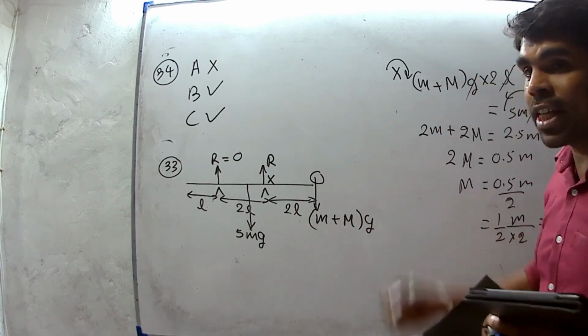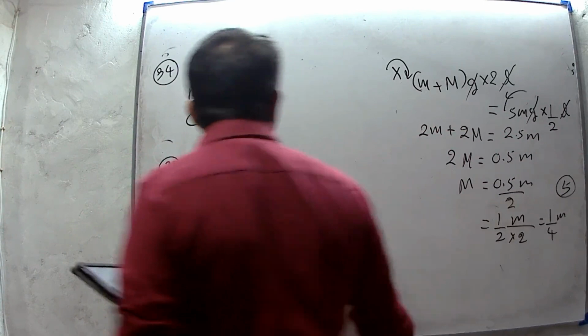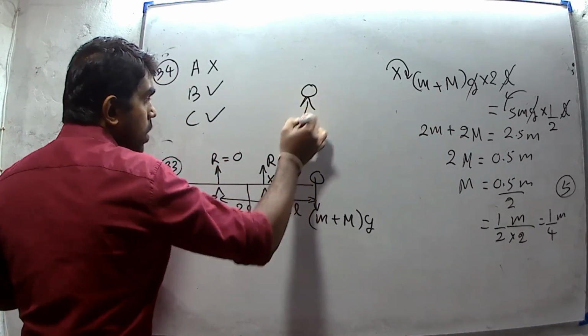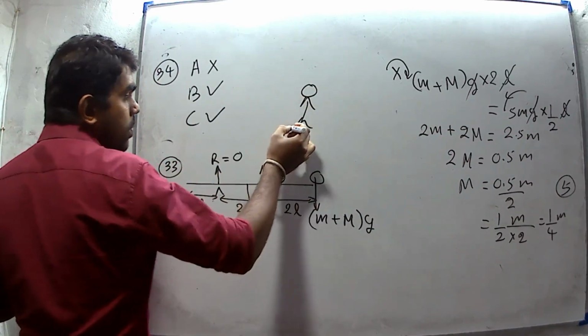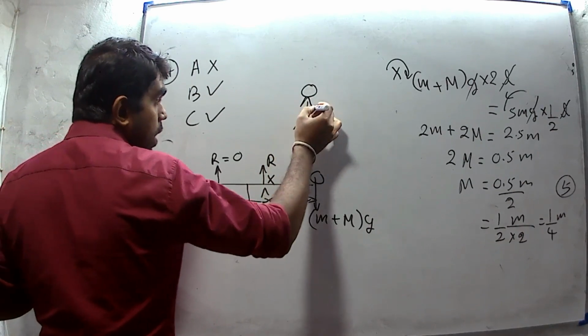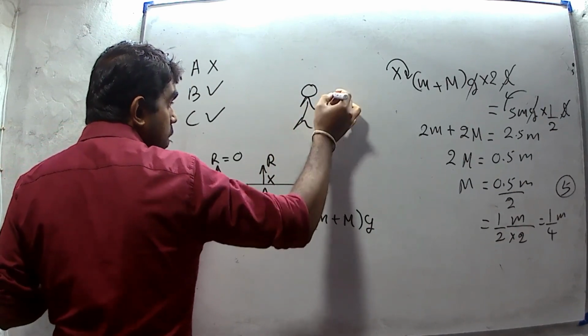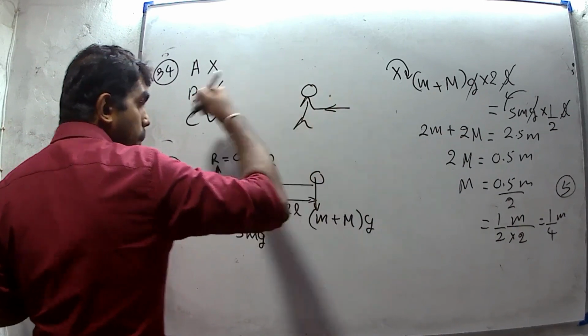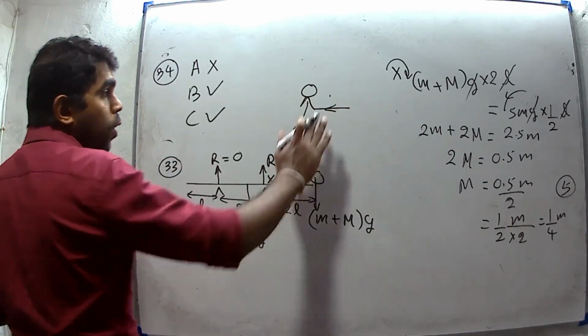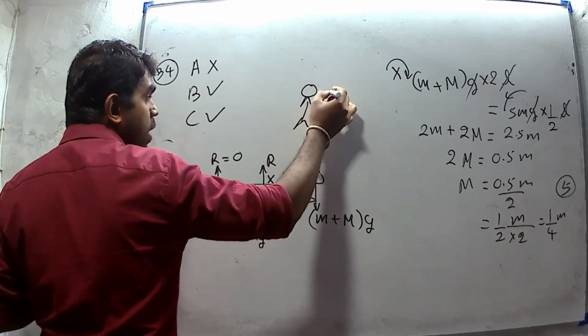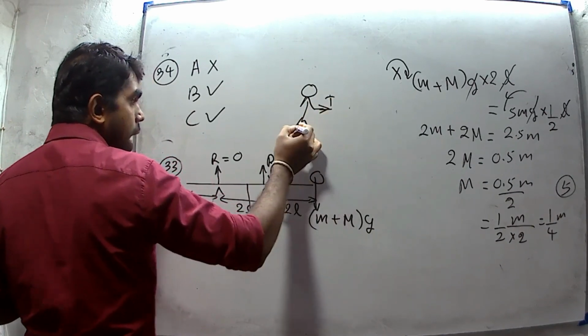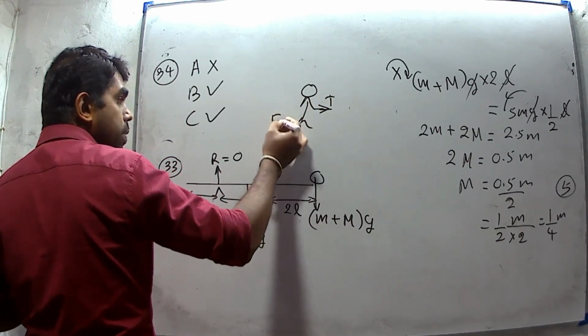Because we have to consider the equilibrium of the man, horizontal equilibrium. He is giving a pull. Therefore, the forces on the man are in opposite directions, tension and friction.